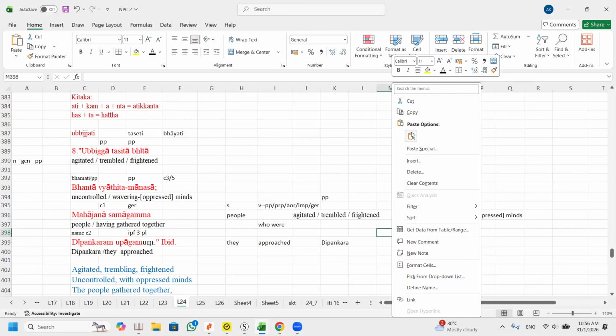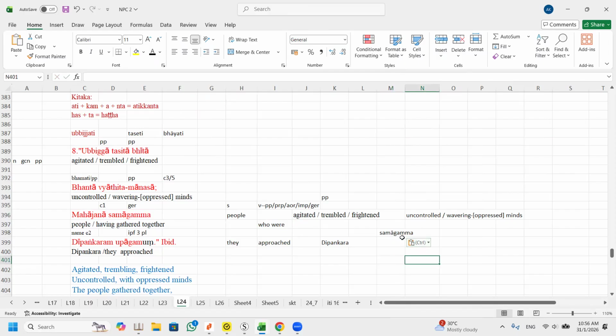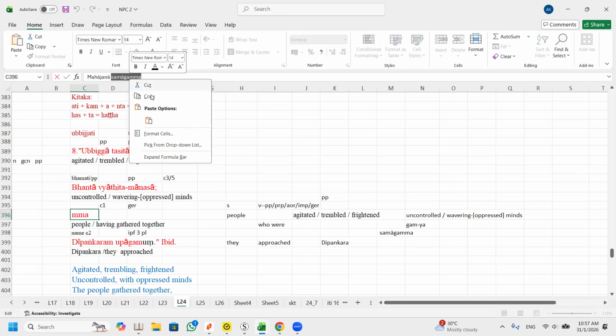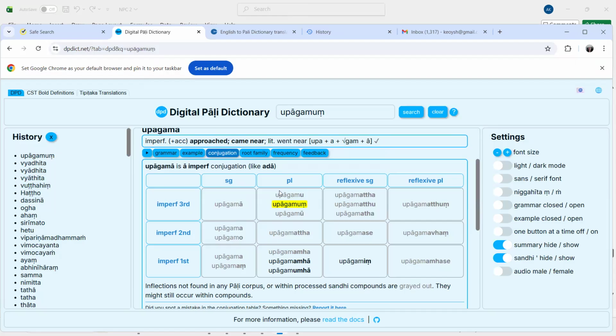Put it here first. GAM plus YA, GAM plus YA becomes MMA. So in this case, this is a gerund, because of the Y here, you can confirm it by looking. Copy. Can confirm it.